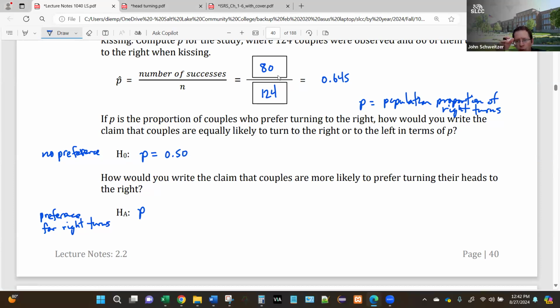So that's the null, the skeptic's conservative hypothesis of nothing new or interesting there. Until you prove to me that there's a preference for turning to the right, I'm not going to go around telling everybody that just because it sounds cool. I'm going to be skeptical, right? We like a certain level of skepticism.